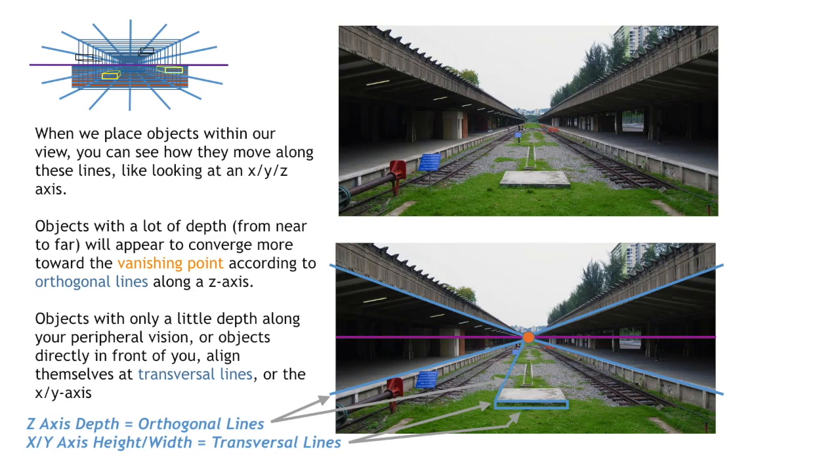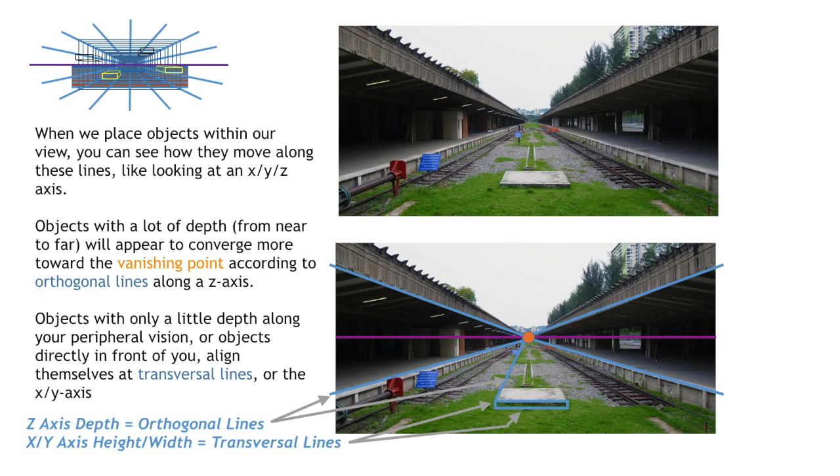I've outlined some objects within this photograph. You can see some of them taking the orthogonal lines predominantly, which are the train station lines and the railroad tracks. Those objects are moving along orthogonal lines. And then you have the railway ties themselves.